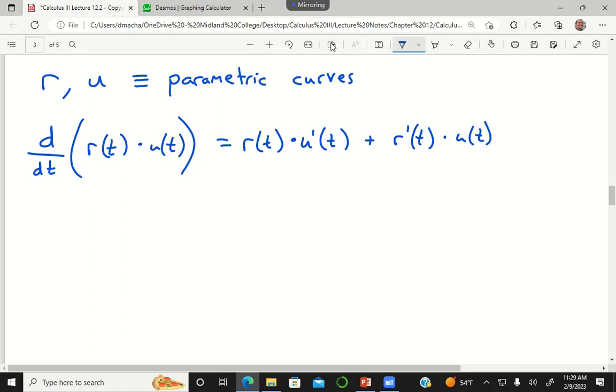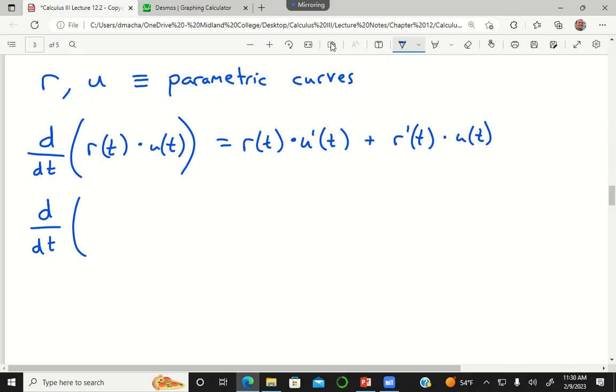That looks really, really similar to the product rule back in Calculus 1, only now we're talking about dot products and vector valued functions. Okay. This one is also familiar and maybe surprising.